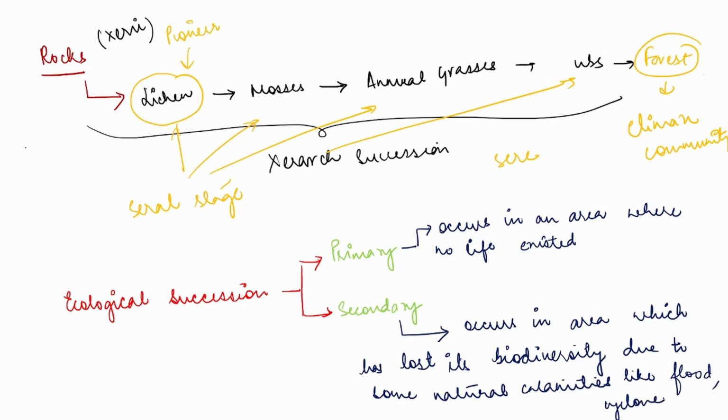Yes, so there are two types of succession. One we call primary succession, another secondary succession. Primary succession basically occurs in an area where no life existed before. And secondary succession basically takes place in an area where there was a loss in biodiversity due to some natural calamities like floods, cyclone, etc. Clear?